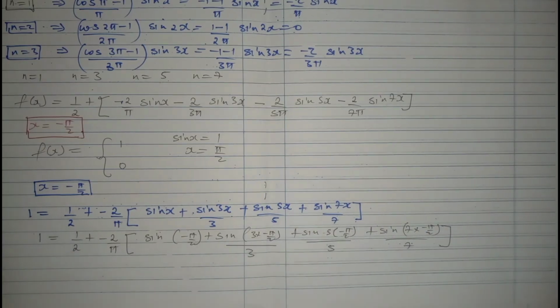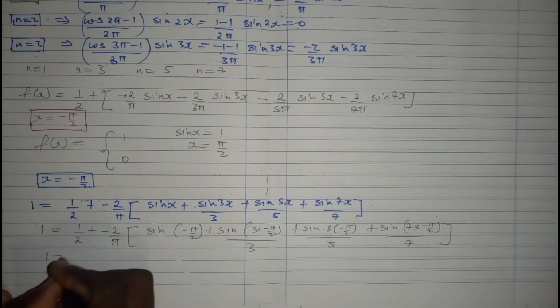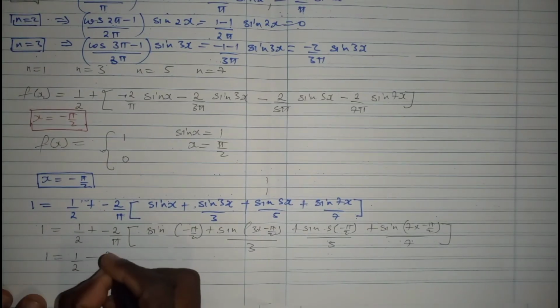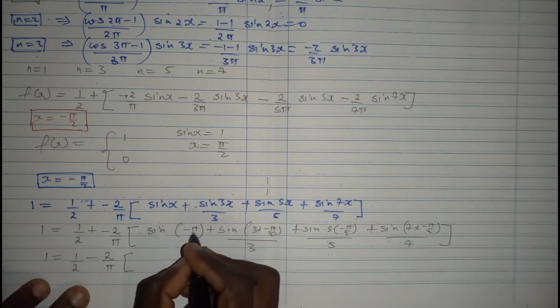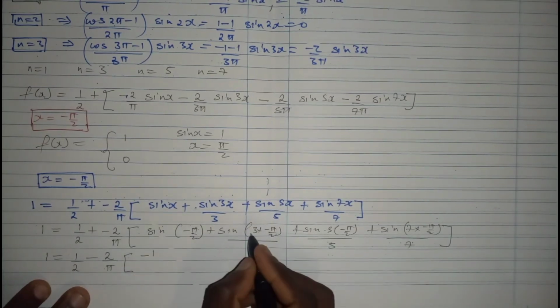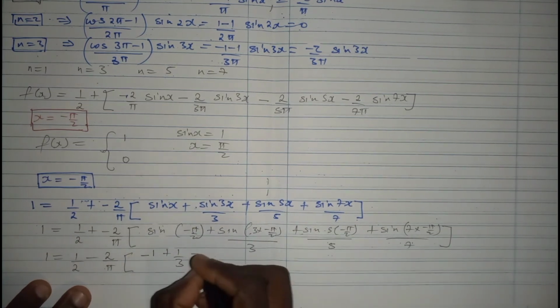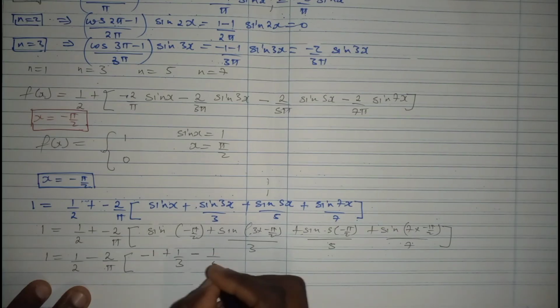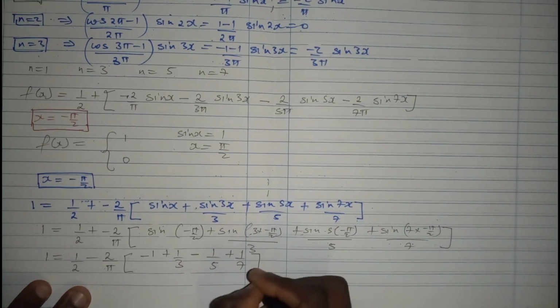And now it's time to do your calculations. If you do your calculations correctly, we're going to have 1 equals 1 over 2 minus 2 over pi. And here we're going to have negative 1, here positive 1/3, here negative 1 over 5, and here positive 1 over 7.